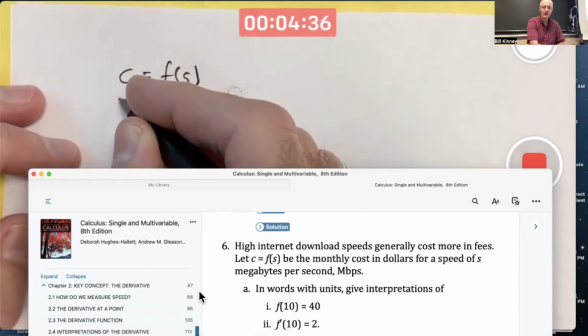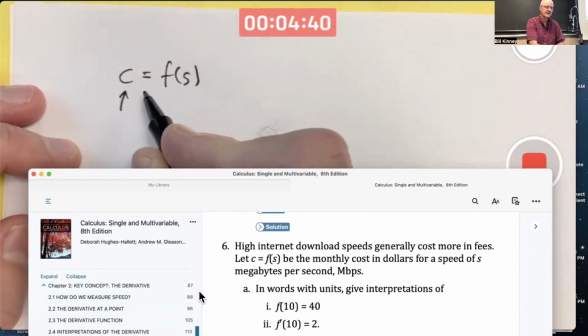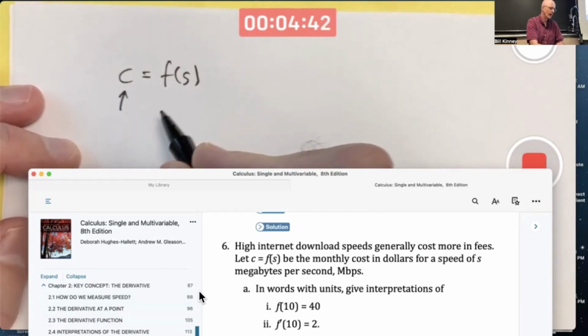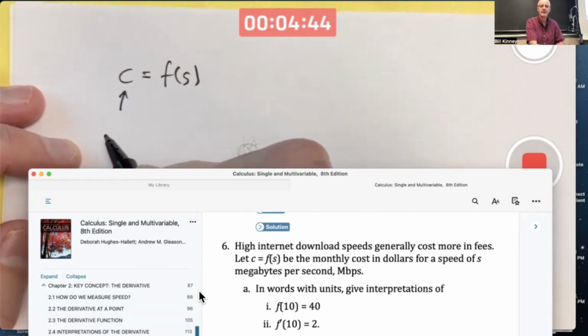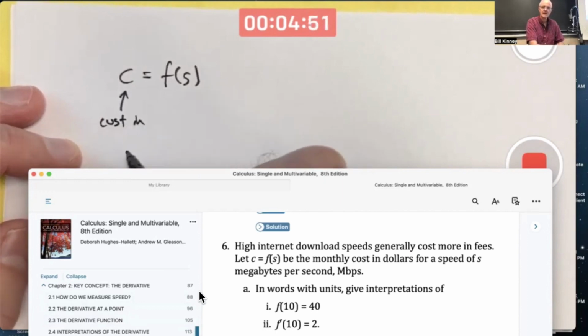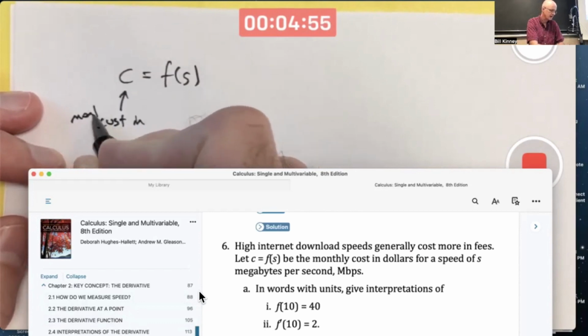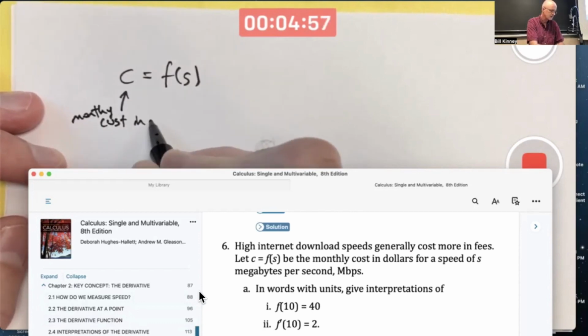It's good, I think, right away when you write down this kind of equation, C equals f of s, to go ahead and write an arrow like I'm doing and mark what the units are. C is a cost, or monthly cost, I should emphasize, in dollars.